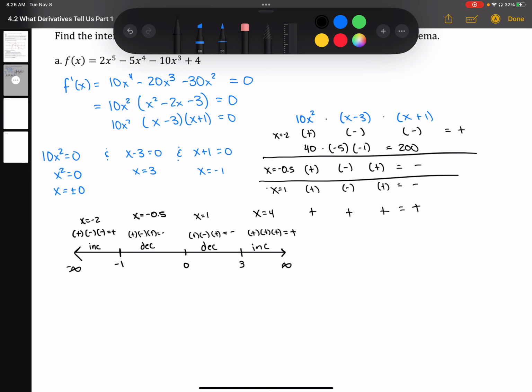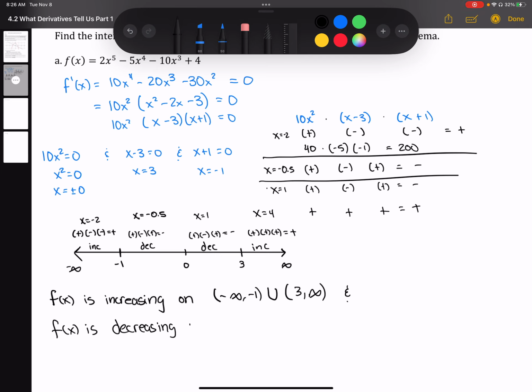So what we can summarize from our derivative is that f of x is increasing on the intervals -infinity to -1 union 3 to infinity, and f of x is decreasing on the interval -1 to 0 union 0 to 3.